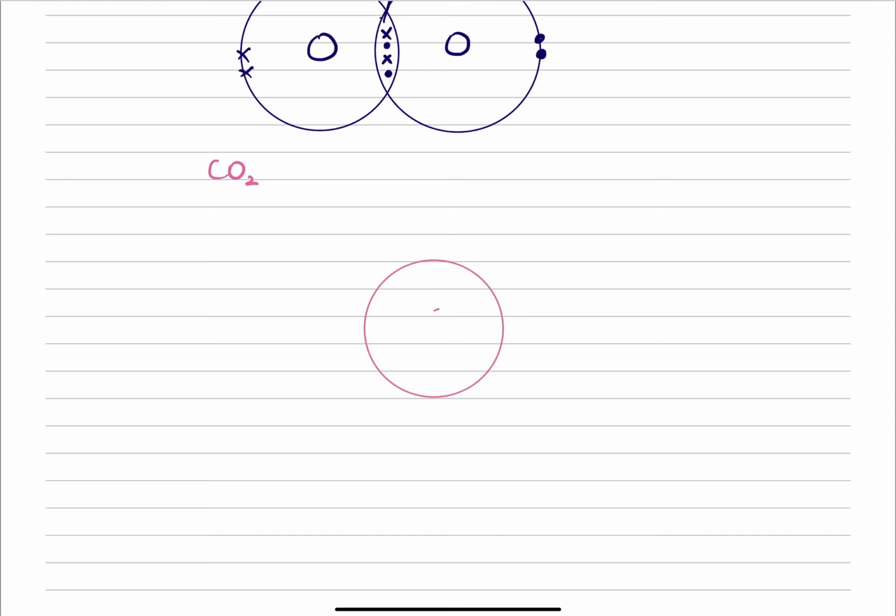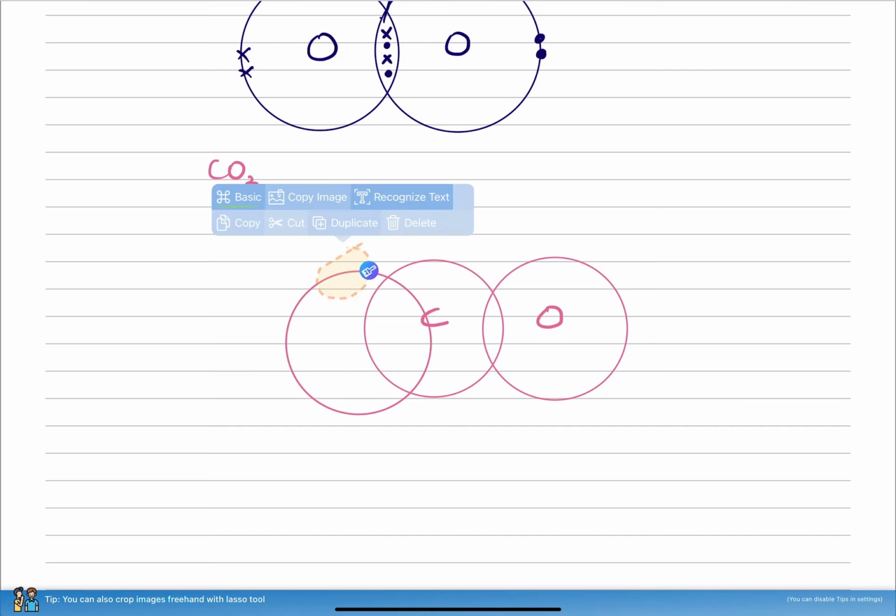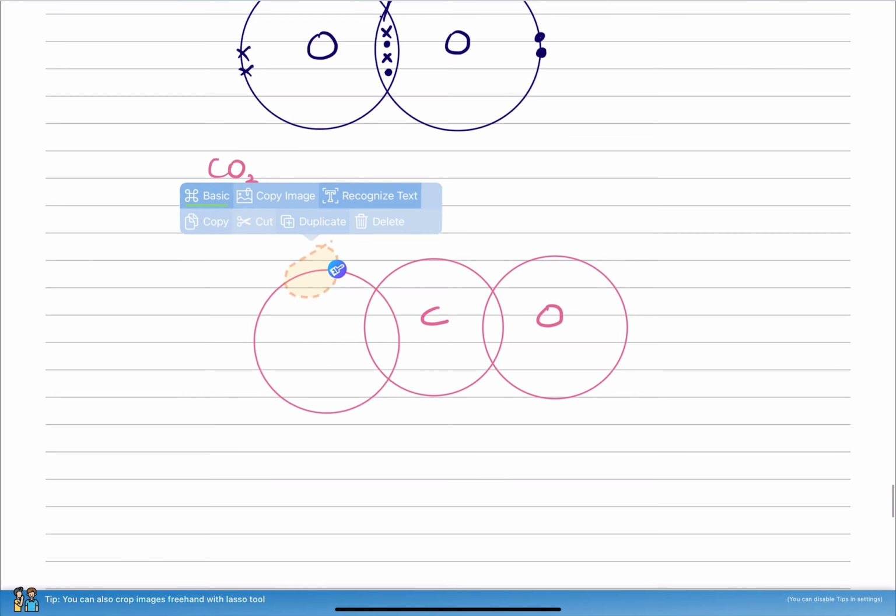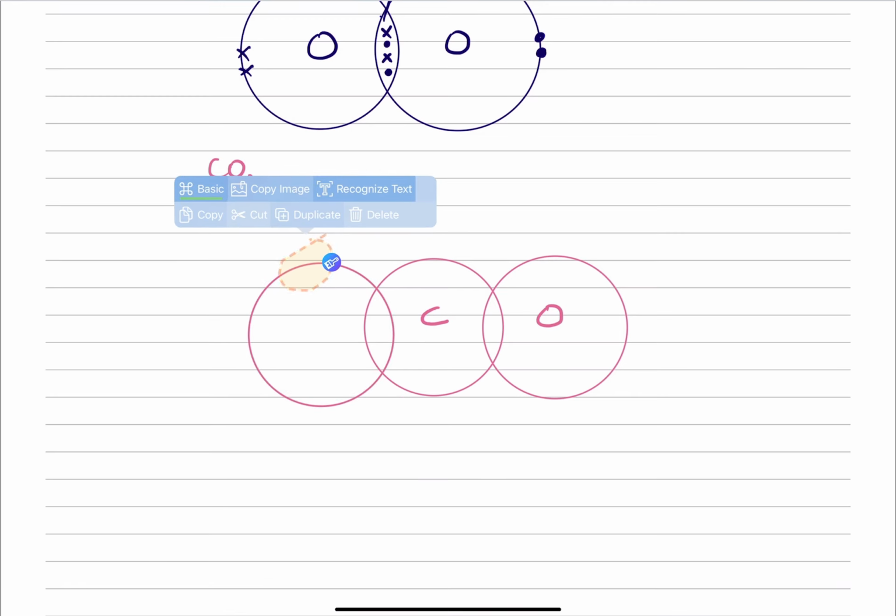So carbon is the central atom, and alongside carbon there are 2 oxygen atoms, one here and one over here. 2 oxygen atoms. Now carbon shares 4 electrons, so 2 here and 2 here, because it has 4 outer electrons. Each oxygen atom shares 2 electrons, so 2 here, 2 here.